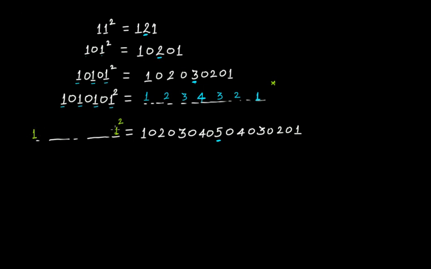Now put 0 here because that's the pattern, and same thing here also. You have to put zeros in this case because between every 2 digits you have 0. So this is the pattern.